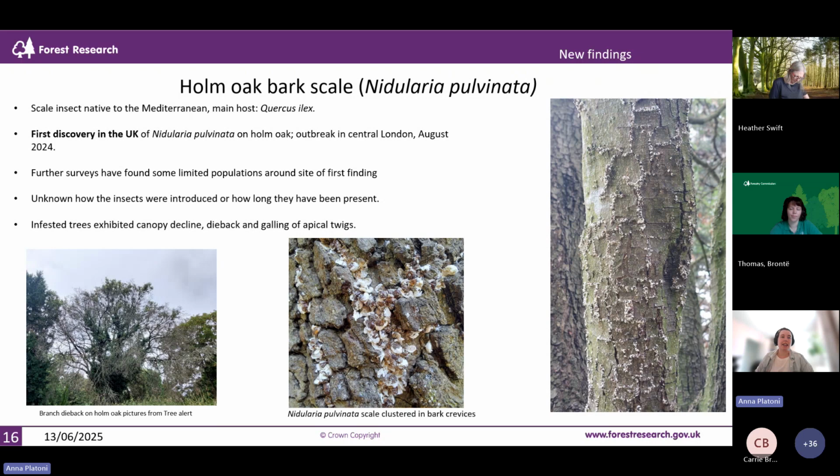And like I said, this was the first discovery of it in the UK, in an outbreak in central London in August 2024. Since the finding of this first outbreak via a tree alert, we've done further surveys, and we found some populations around the site of that first finding.